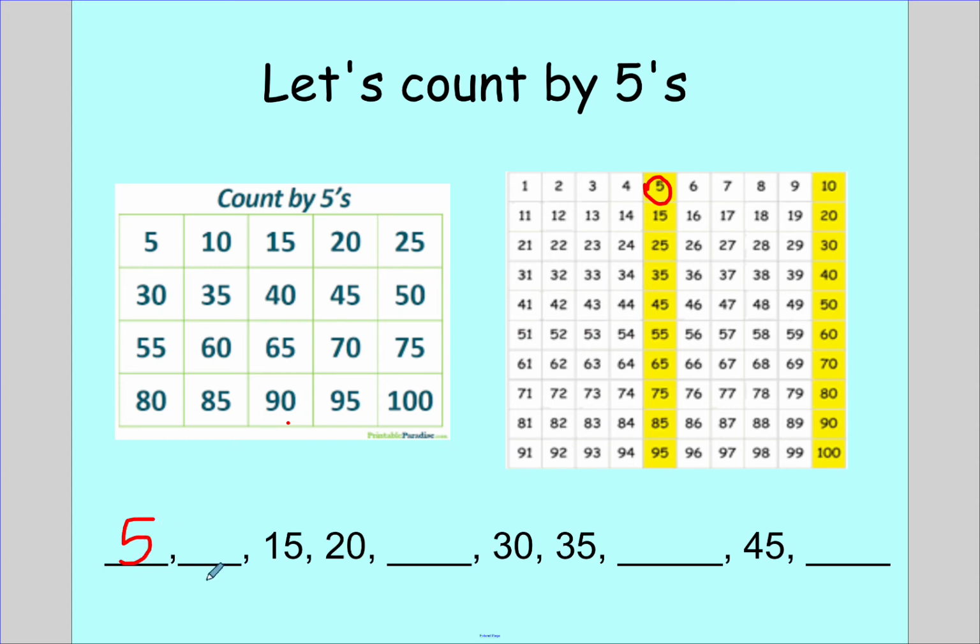I'm missing my next number, and I know that it needs to end with 0. So I'm going to go over to my hundreds chart, and then I'm going to skip all the way to the next number that ends with 0, and it is 10. I am missing the number 10.